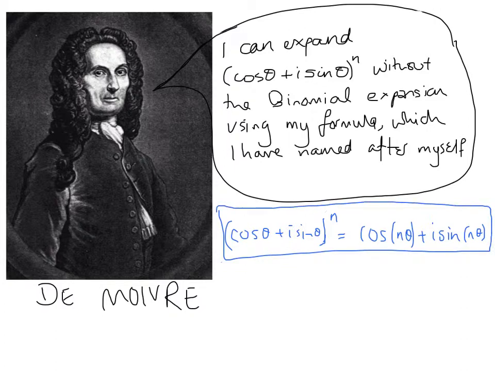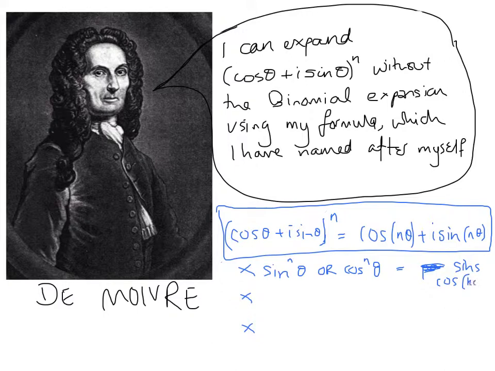And I'm going to do a proof by induction in a different video. And we're going to use this formula for two main things. Well, three, but two are the same. Two of them are for trig, obviously, since it's to do with trig. So we're going to use this formula to help us to write sine to the n theta or cos to the n theta in terms of sines and cosines, but multiples of angles.